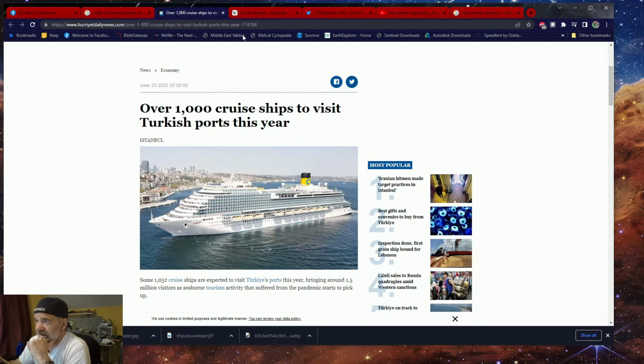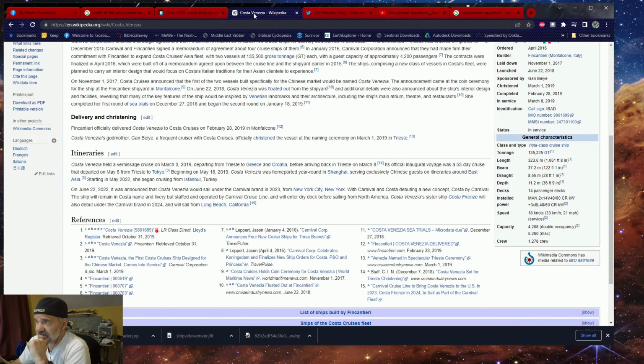Okay, and I deciphered that the ship they're modeling is the same class as the Costa Venecia. Okay, if I said that wrong, let me know.